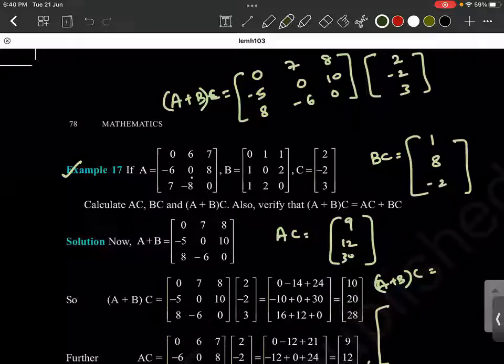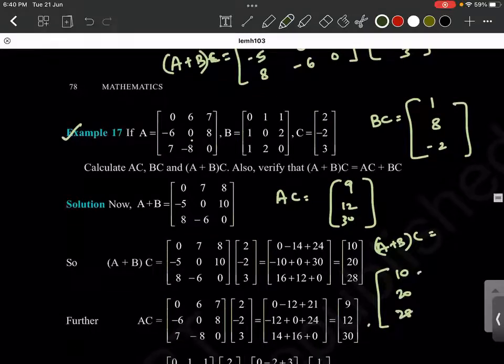Minus 14 plus 24. It is 10. Minus 10 plus 30. It is 20. 16 plus 12, 28.